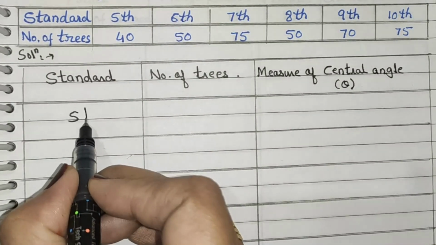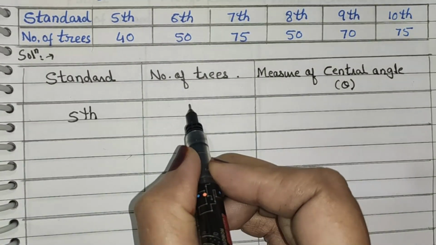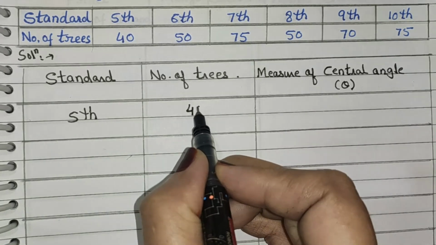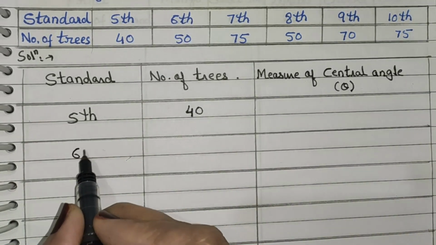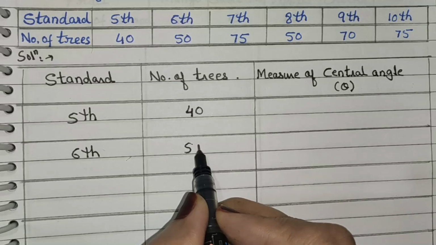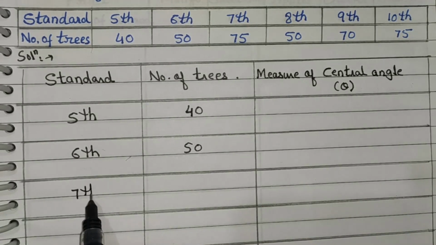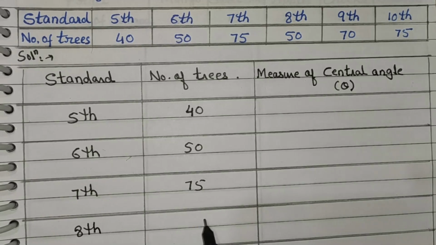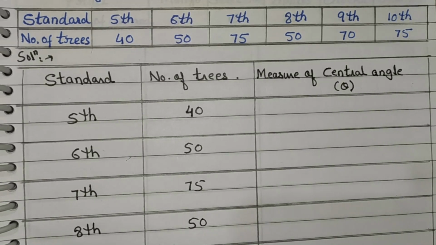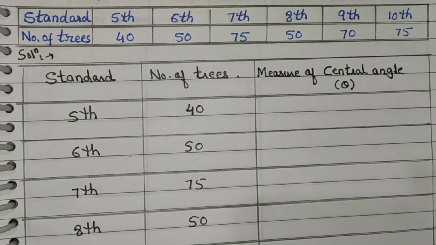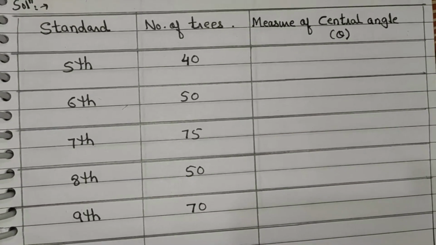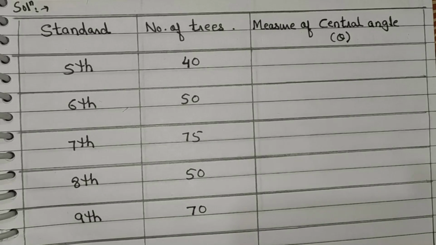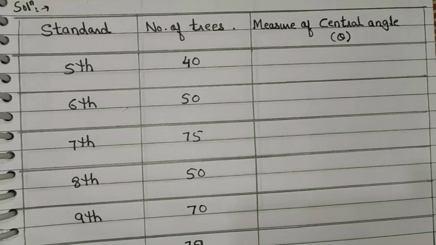Now write down all the information inside the table. First, standard is 5th, number of trees 40; 6, 50; 7, 75; 8, 50; 9, 70; and 10th is 75 here.